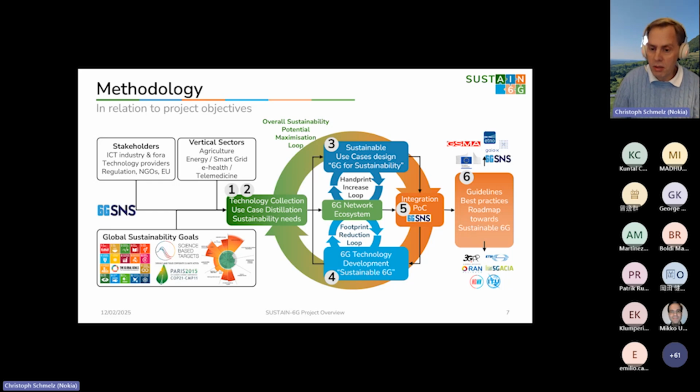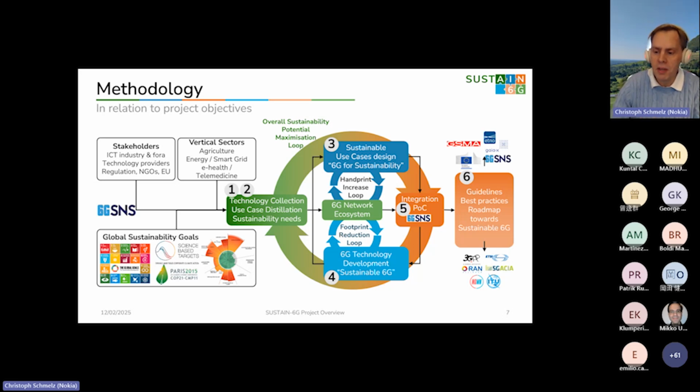I mean, standardization output. As you know, 6G standardization has already started, at least it's in its initial phase. Work is running at ITU, work is running at 3GPP, work is running at ORAN and others. So direct technical results will be provided there, but also through our partner organizations.